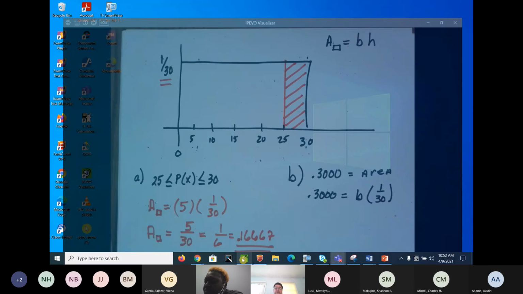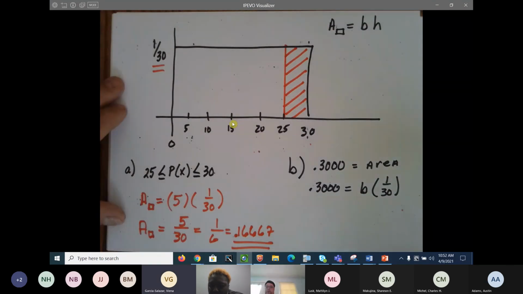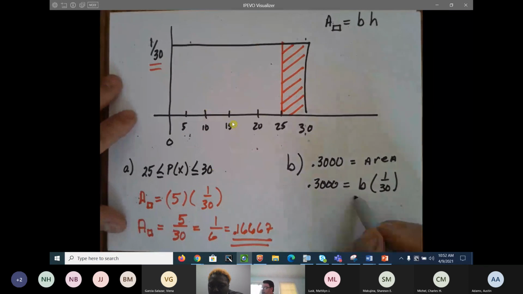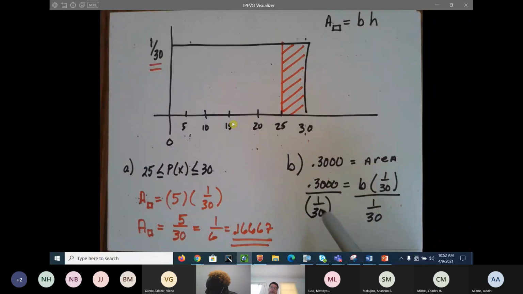So here we go. How do you get rid of multiplying by 1/30? Divide. Divide by 1/30. And if you do it on one side, you got to do it on the other. Now, you can punch this in the calculator however you want to. I'm not going to make you do it any certain way.